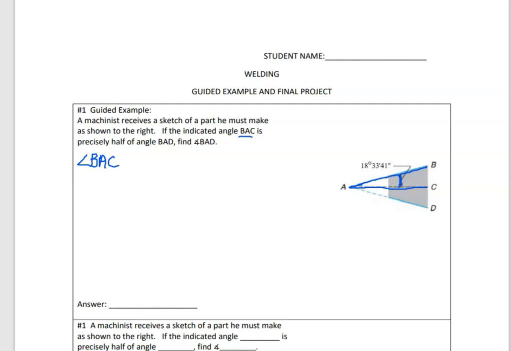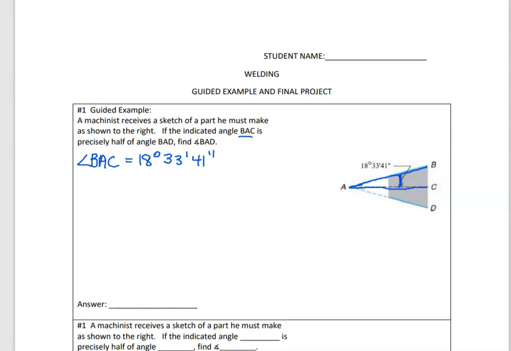So this angle BAC, they tell us something about that angle. They say that this angle is 18 degrees, 33 minutes, and 41 seconds.